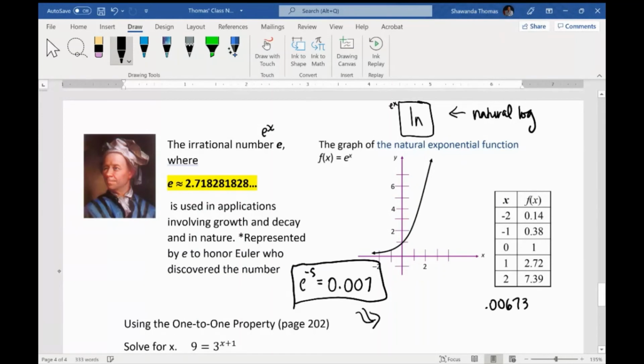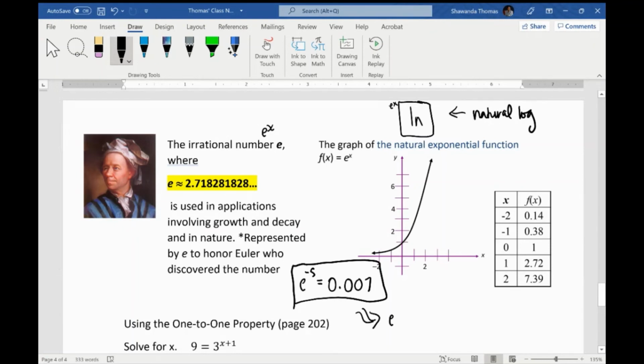Yeah, I asked for 3 decimal places. When I say round to 3 decimal places, that means I only want 3 numbers after the decimal. So if I say round to 4 decimal places, I want to see 4 numbers after the decimal, but you round: if the number to the right is 5 or higher, you move that number up 1. So that's why it's 0.007.